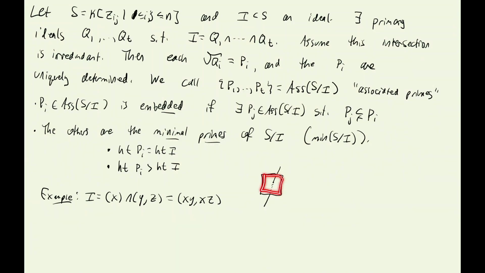So this component that's the plane comes from this prime that only has one variable in it. And so the dimension of the variety coming from a big thing corresponds to the height of the ideal coming from a small thing. Then this (y, z) is giving us the line, and that's not contributing to the height in the same way that we don't think about that line as contributing to the dimension.